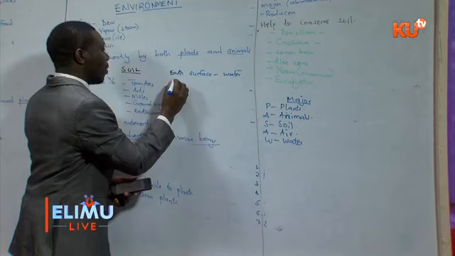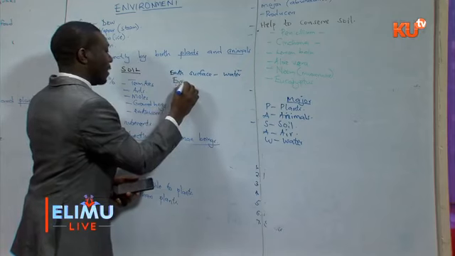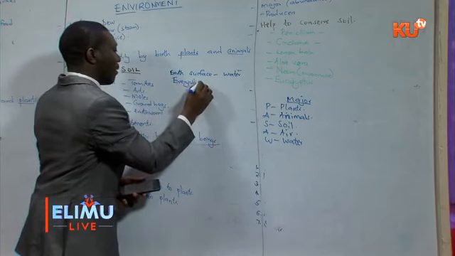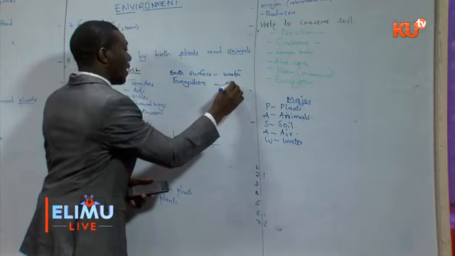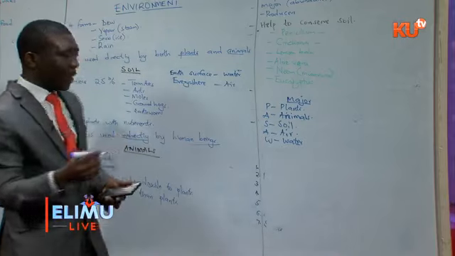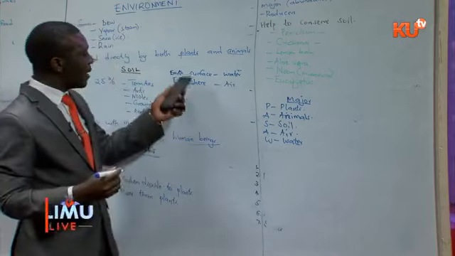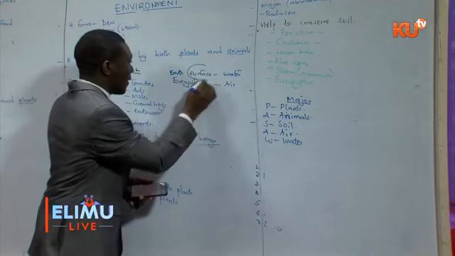The one that is found all over, everywhere, is air. So when they say nearly everywhere, we go for air. When they say surface, the keyword is surface.